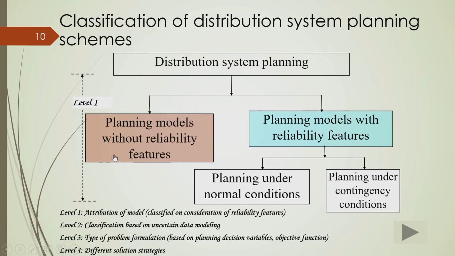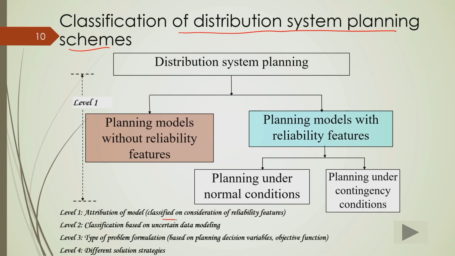Okay. Now, this is the tree I have classified this whole literature. The literature of distribution system planning consists of hundreds of papers, and in recent years also a number of papers have been reported. I made this classification a few years ago, a 4 level tree structure based upon different attributes of planning, and level 1 is based upon the consideration of reliability features.